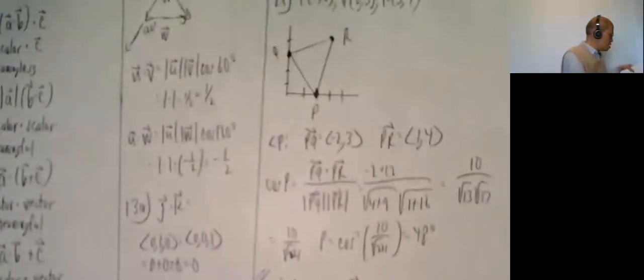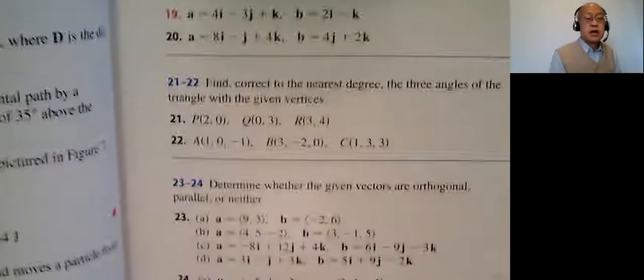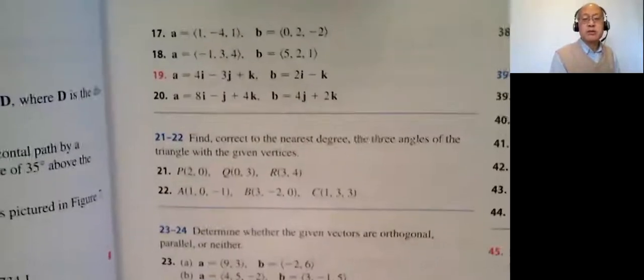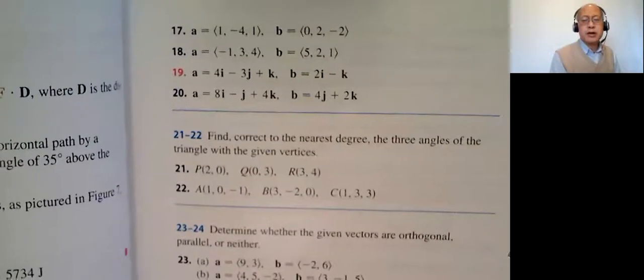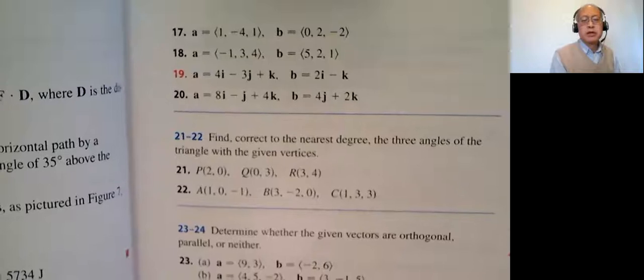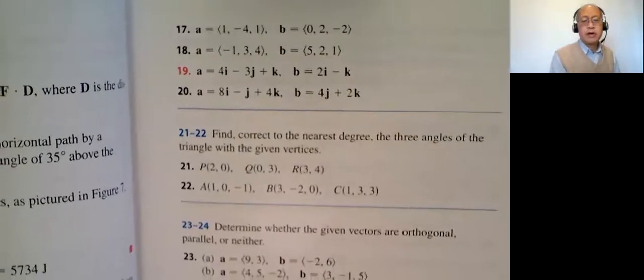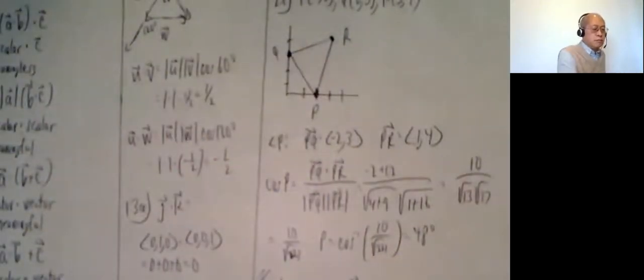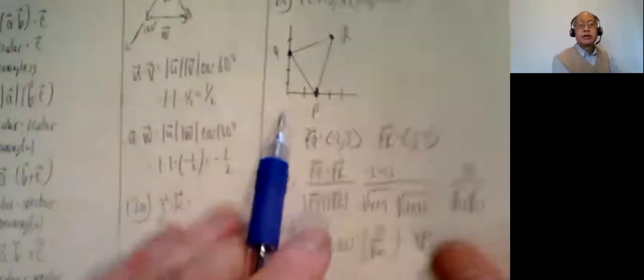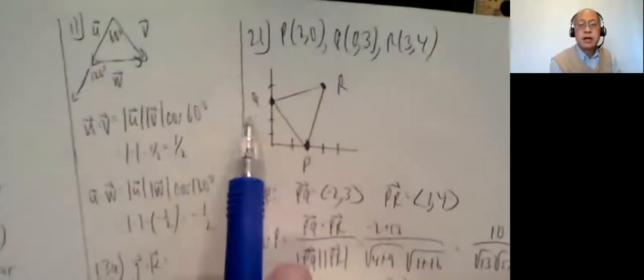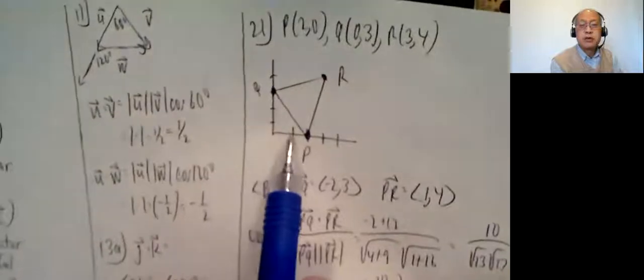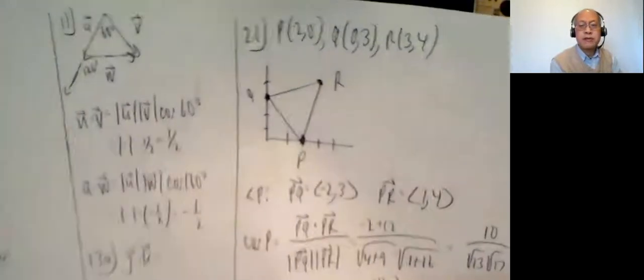Okay, 21 says find the angle to the nearest degree of the 3 angles of the triangle with the given vertices: 2, 0; 0, 3; and 3, 4, in 2 dimensions. Okay, so here's the picture. Here's 2, 0, 0, 3, and 3, 4.